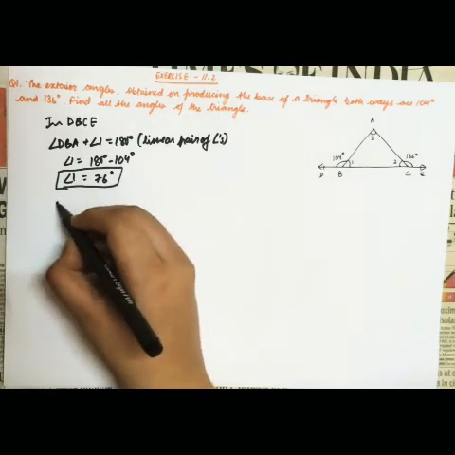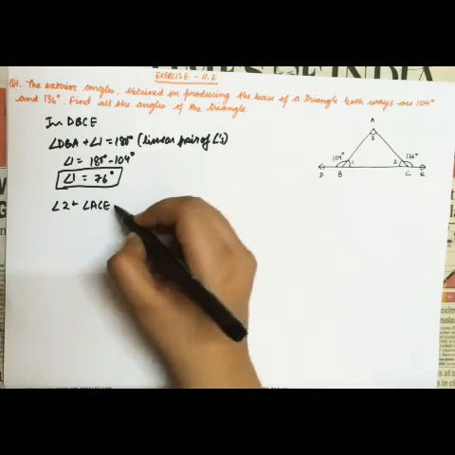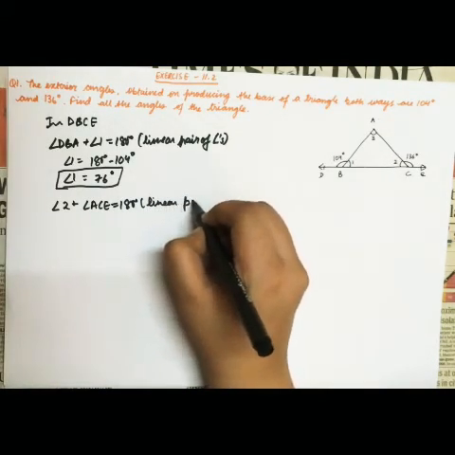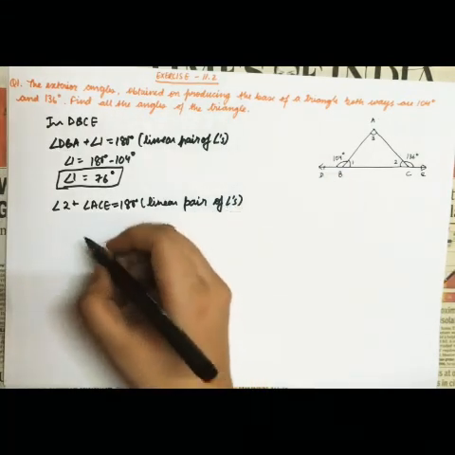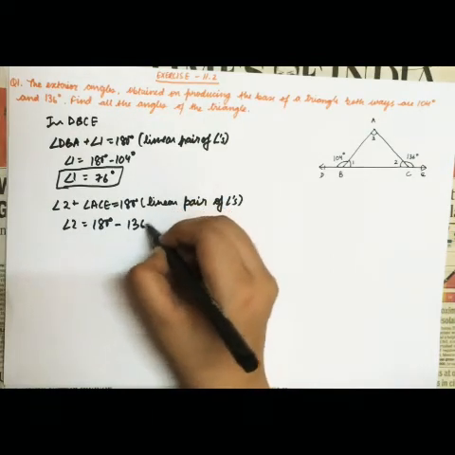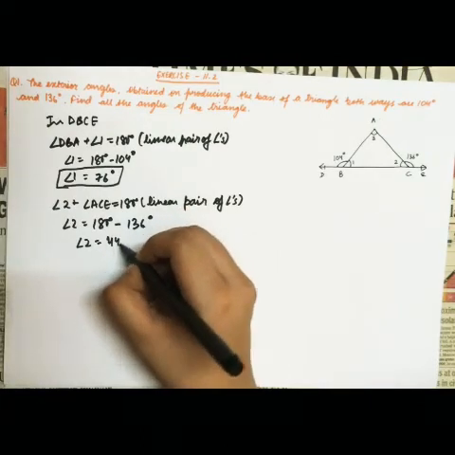Now similarly angle 2 plus angle ACE is equal to 180 degree because of linear pair of angles. Now angle 2 is equal to 180 degree minus 136 degree, which means angle 2 is equal to 44 degree.